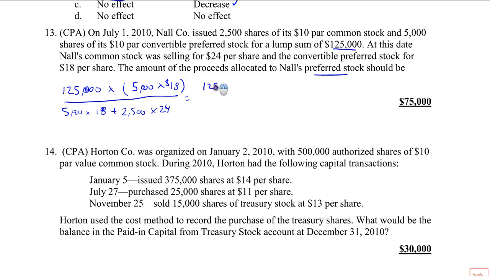So it's 125,000 times 90,000 all over 90,000 plus 2,500 times 24, which is 60,000.